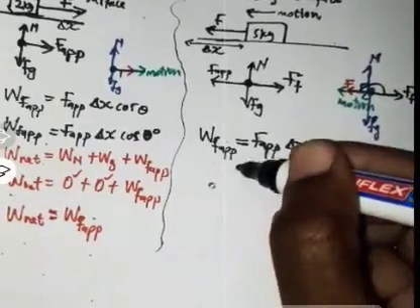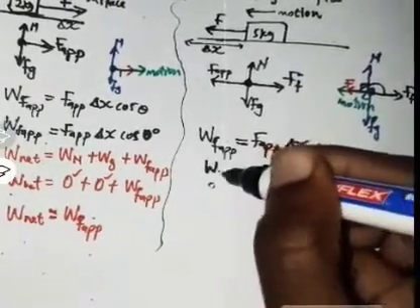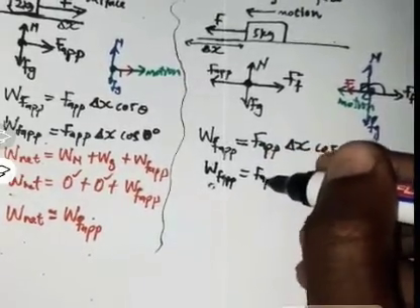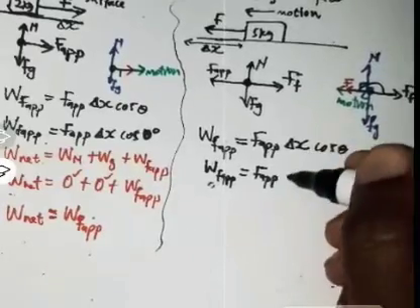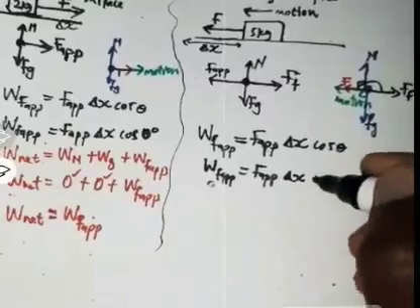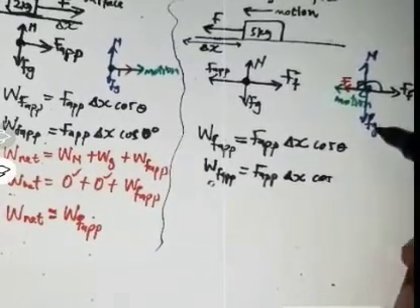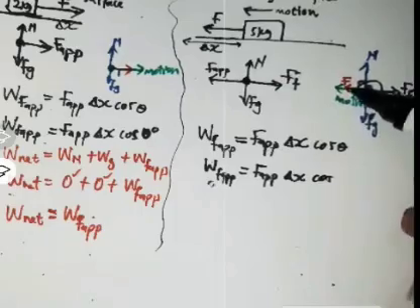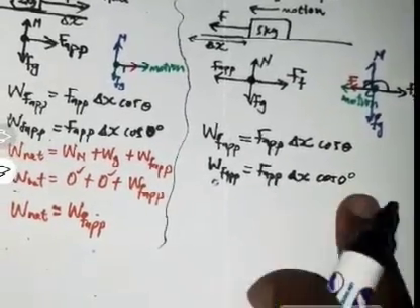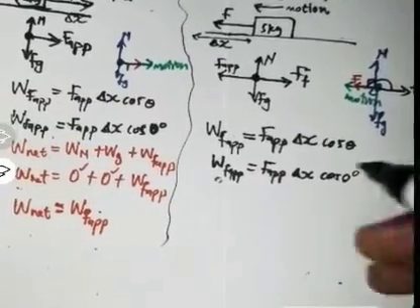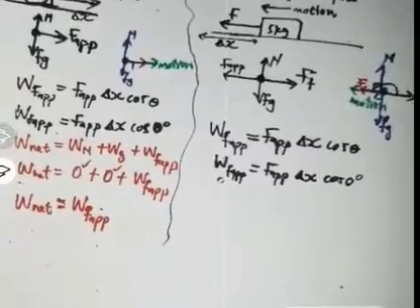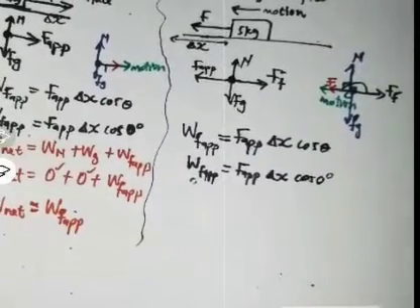What is the angle between the force applied and the motion? The angle is 0 degrees. Then you substitute your force applied and the distance, and cos of 0 degrees is 1. If you multiply that, we get the answer.